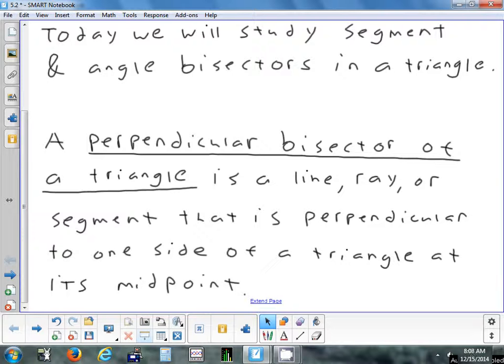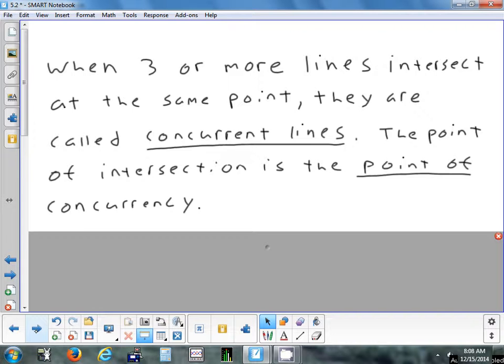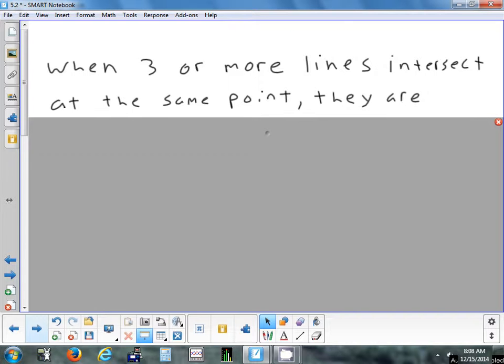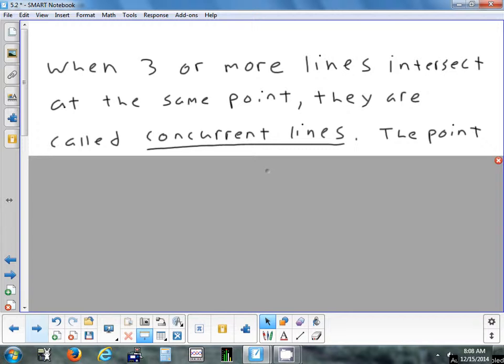What we're going to do is look at drawing all 3 perpendicular bisectors, because you can draw one for each side. And something special is going to happen when we draw all 3 at the same time. If you have 3 or more lines that all intersect at the same point, there's a special name for that. Those are called concurrent lines.